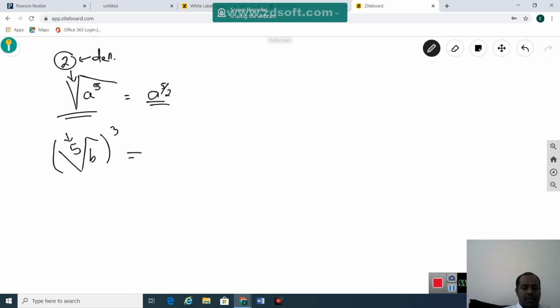Therefore, this is equal to b to the power of 3 over 5. So here again we practiced how to convert a radical expression to a rational exponent. So we finish problem 2, part D.